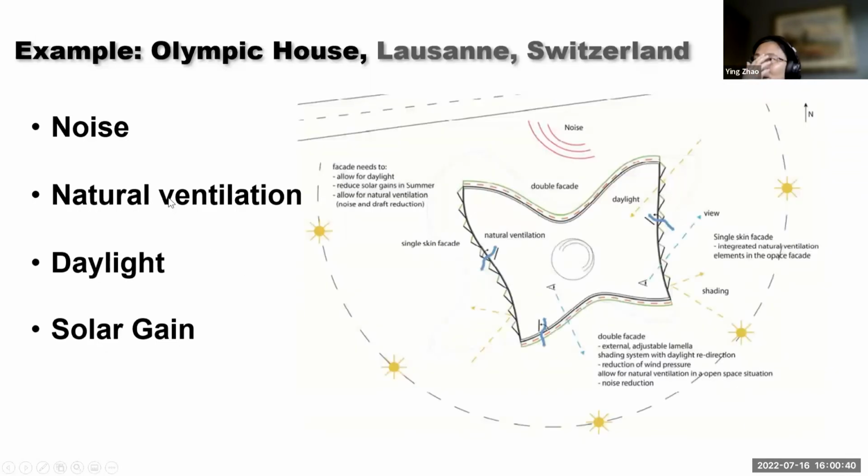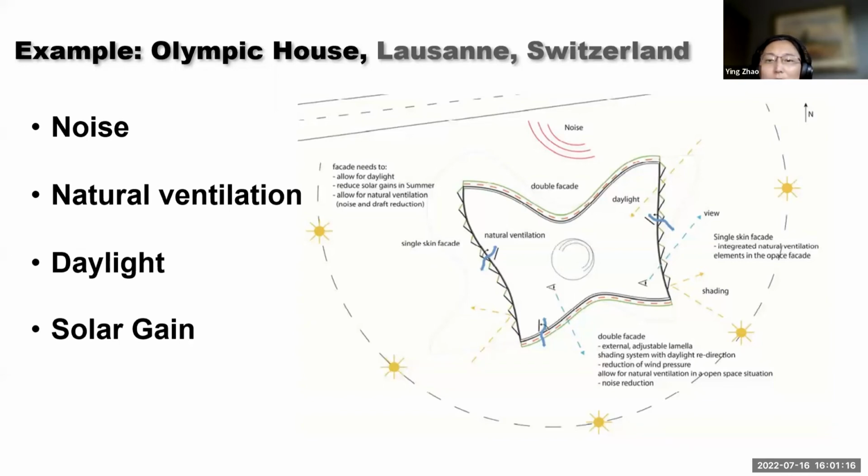So here is the analysis. They analyze the facade and the design. They consider the noise, natural ventilation, daylight, and the solar gain for that design. For noise, because there is a highway, the noise facade is designed as a double skin to block the noise.